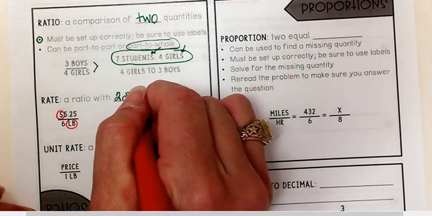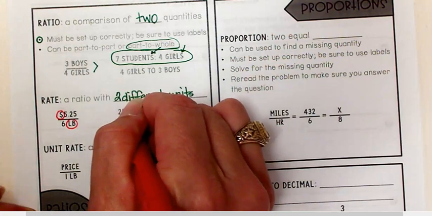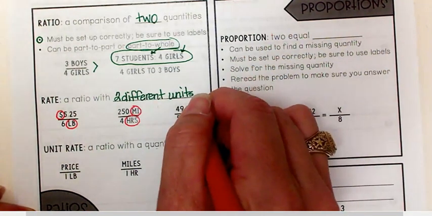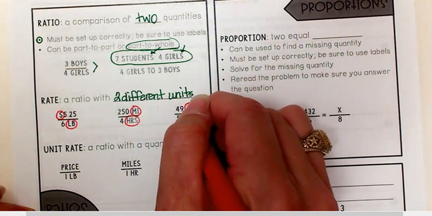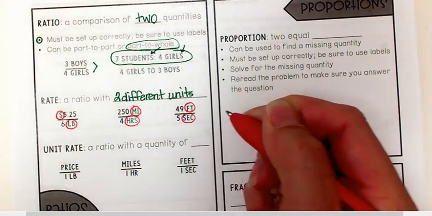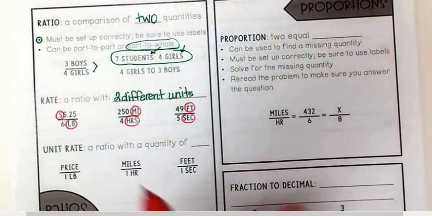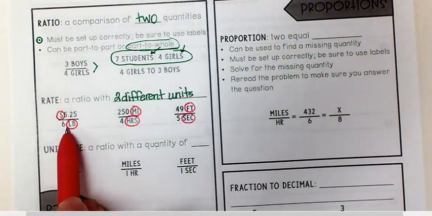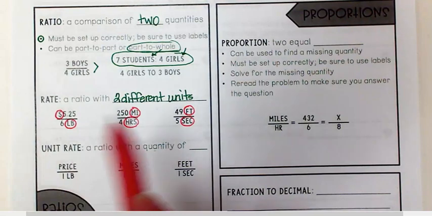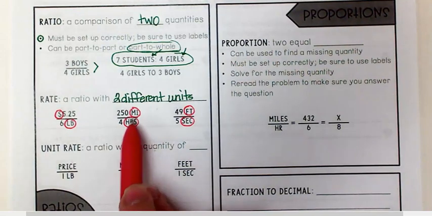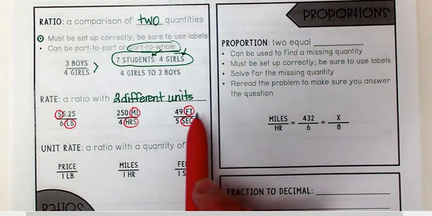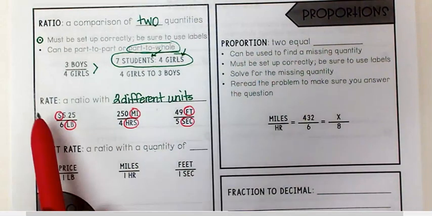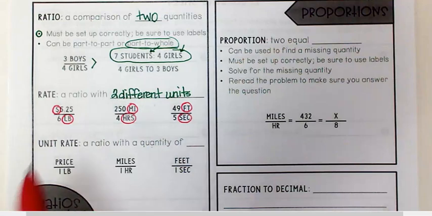Here you have miles and hours, 2 different units. Here we have feet and seconds. So $5.25 for 6 pounds of something, 250 miles in 4 hours, 49 feet in 5 seconds. So a rate is a ratio with 2 different units.